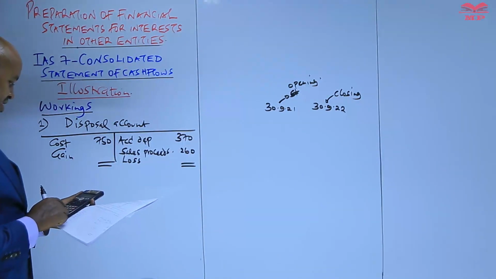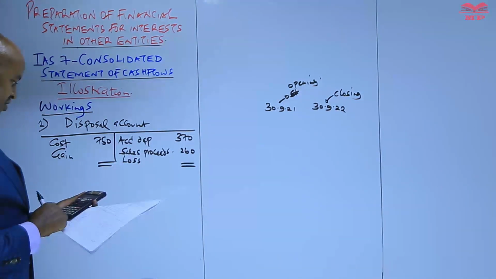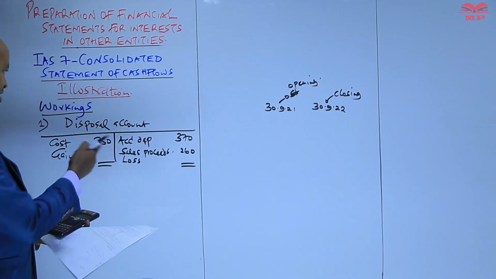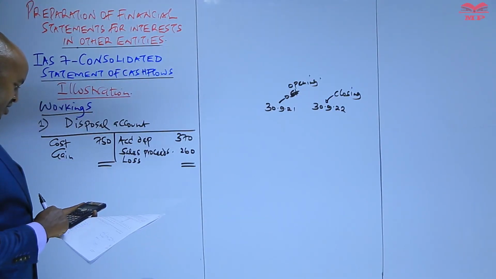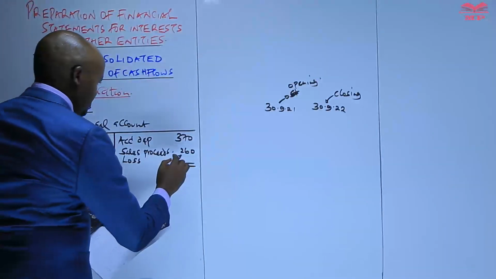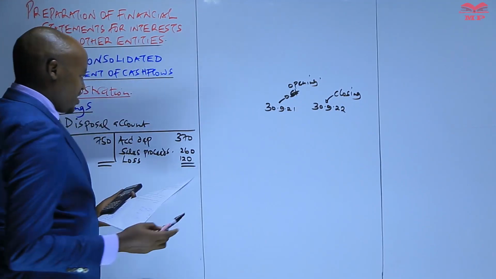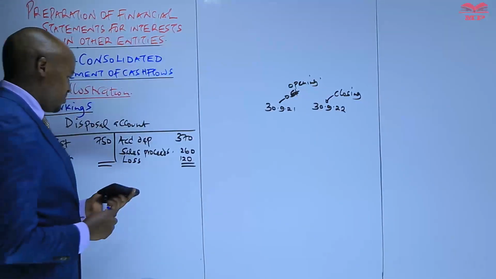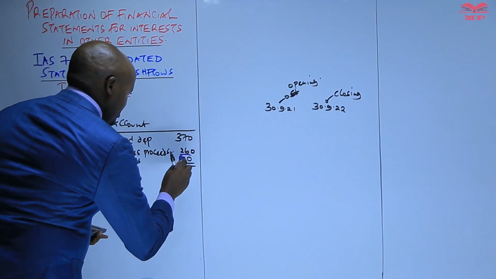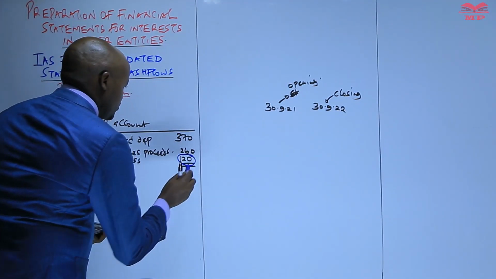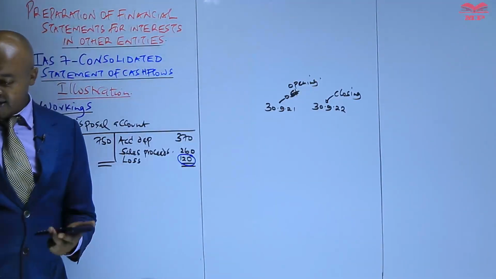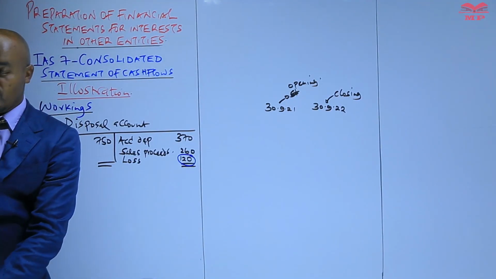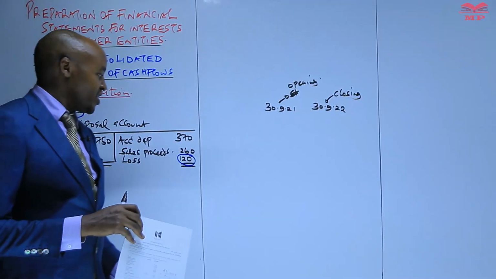So let's see what we have. On the credit side, we have 370 plus 260, which is 630, less than what we have here. So it means that the balancing figure will be on this side, which now is a loss on disposal. So this particular loss on disposal is always taken into account as an expense in computing the profit or loss for the year.